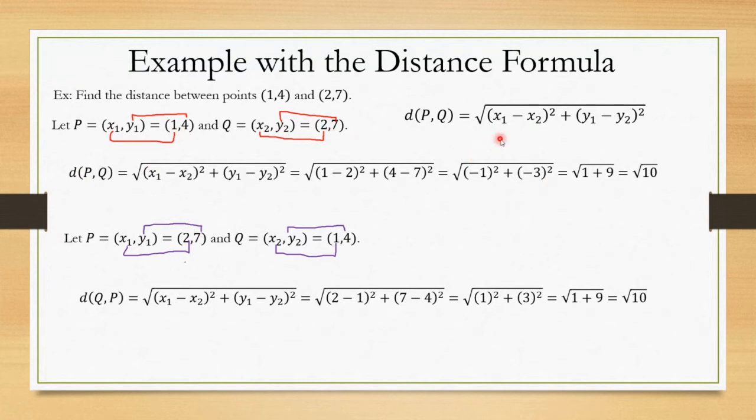But really, what is this formula saying? Subtract the x coordinates from each other and square, subtract the y coordinates from each other and square, add the squares and take the square root. You don't have to label everything if you think about what the formula is saying.